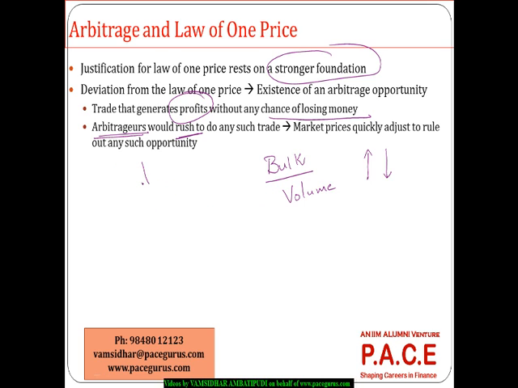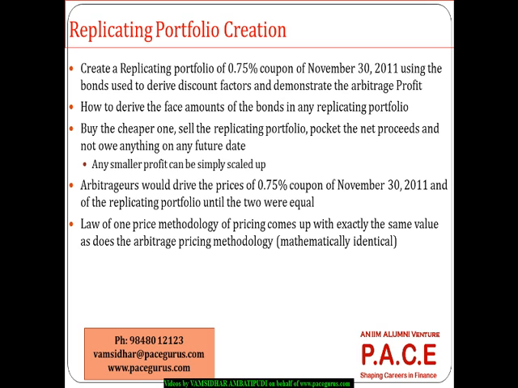So any arbitrage opportunities that are available are said to be available only for a small period of time, because arbitragers are going to knock off that kind of opportunity. Okay, let's see how we can work out that example.